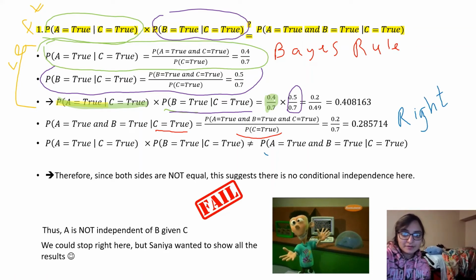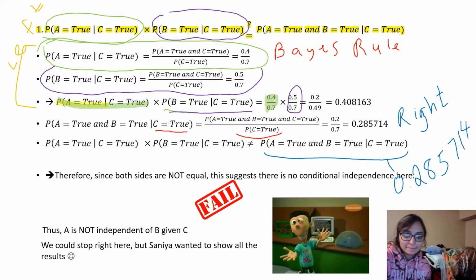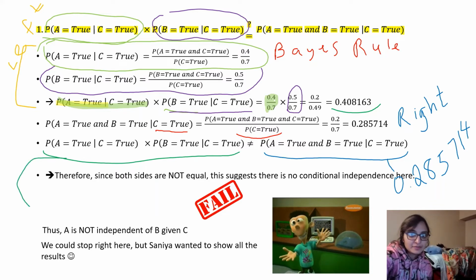So this part is 0.285714, and this part right here is 0.408.